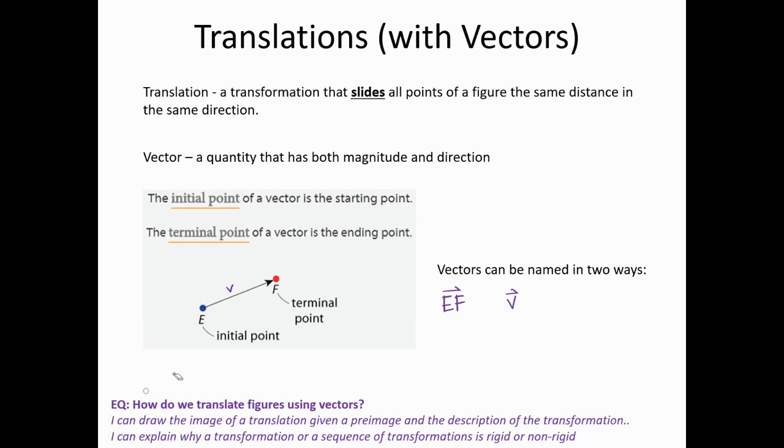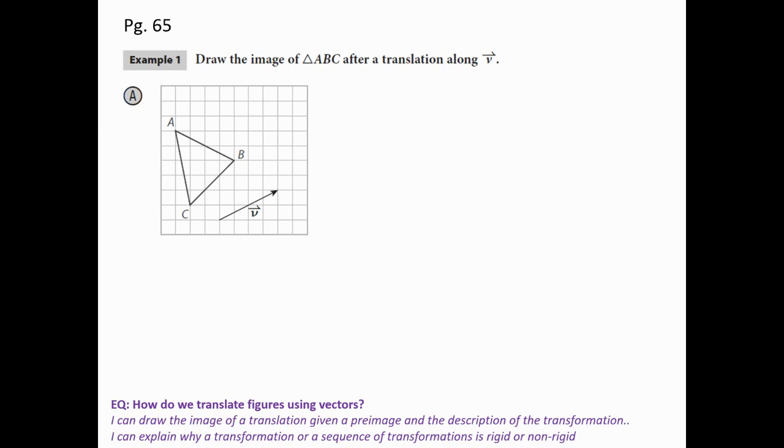Kind of like when we had lines and it was like line L, but it was a cursive L. Sorry, I'm just going to write that a little bit neater. So I can say vector V, but notice that half arrow for a vector. Okay. Then this has a note that is on page 65 in your textbook. If you want to check it out there, or even if you want to cut that out from your textbook and put it in your notes, if you're doing notes by hand, that might be an easier way to do it.